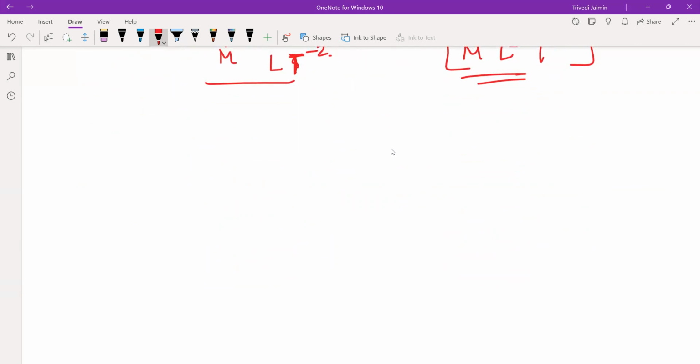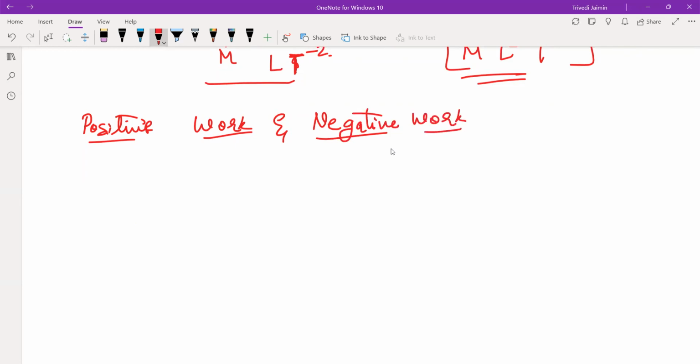Now, can we say work can be positive, or work can be negative? When can we say there is a negative work done? Work is negative when force and displacement are in opposite directions. Which force will be in the opposite direction?